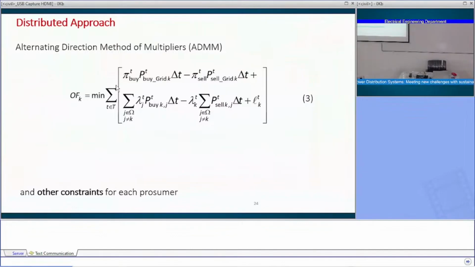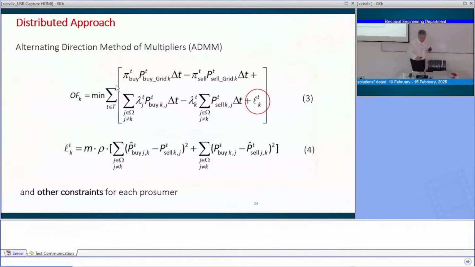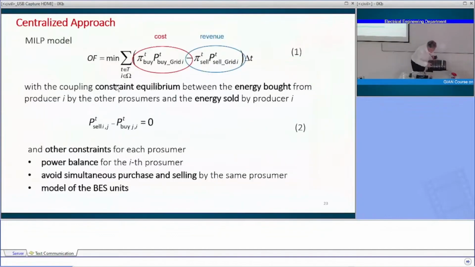The idea behind this calculation of lambda is that we need to say that for each transaction, the amount that is sold by prosumer I should be equal to the amount bought by prosumer J. So there is this equivalence.